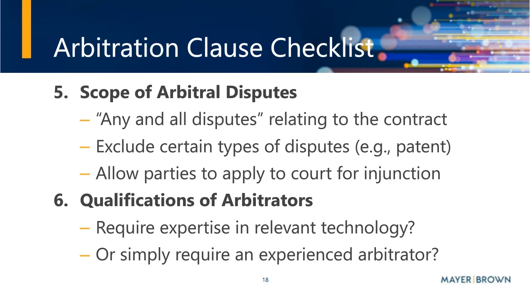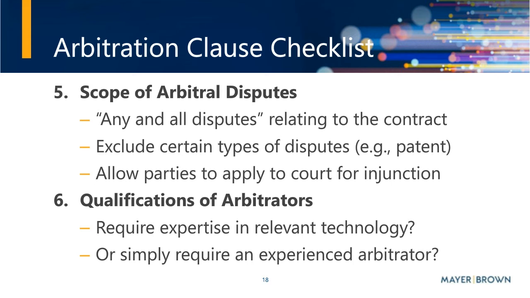For example, the parties could agree to exclude from the scope of arbitral disputes certain types of controversies, for example, patent, on the theory that they want any patent dispute to be decided by courts that are specialized in dealing with patent disputes.